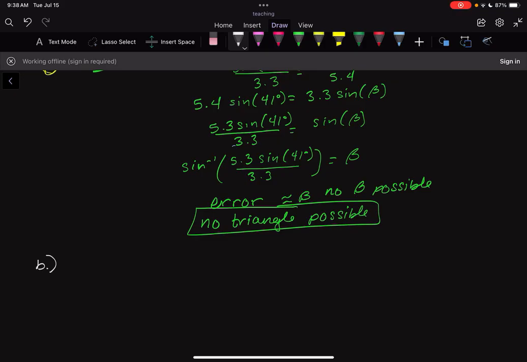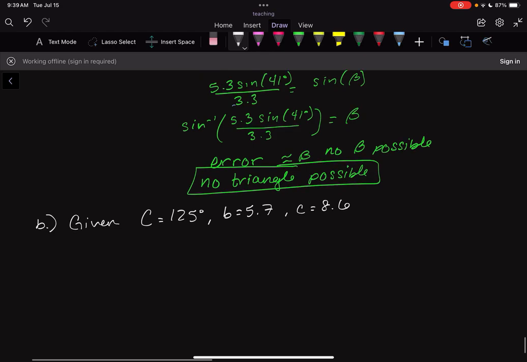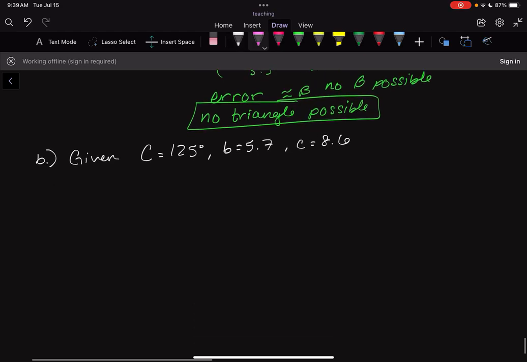So part B. This one I'm going to say given C is 125, B is 5.7, and then C is 8.6. I'm going to draw everything in just how I normally do. Let's put C at the top since I happen to draw that angle kind of big.